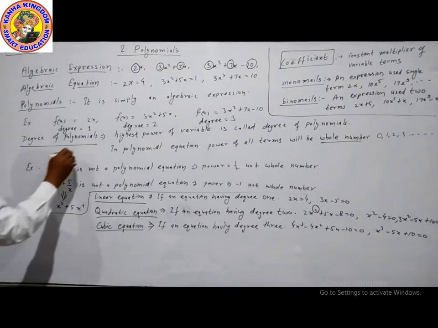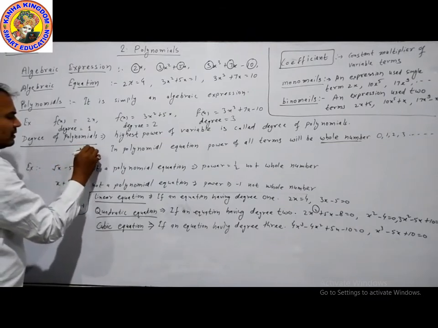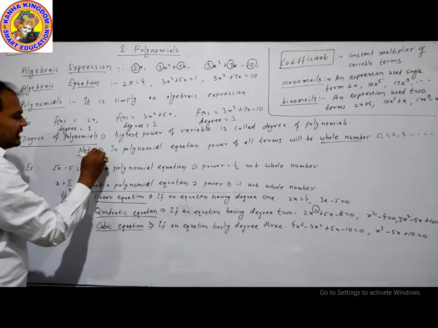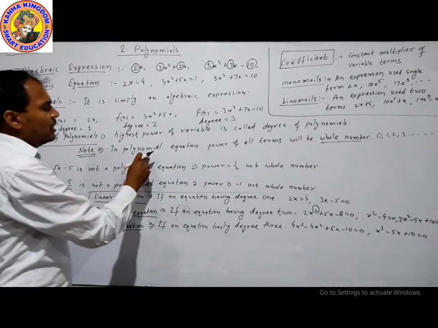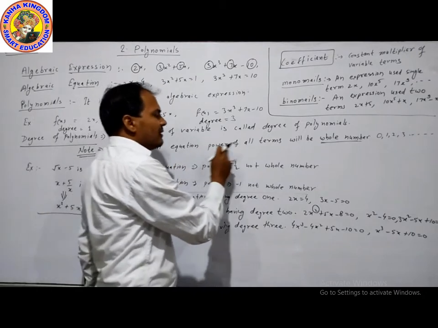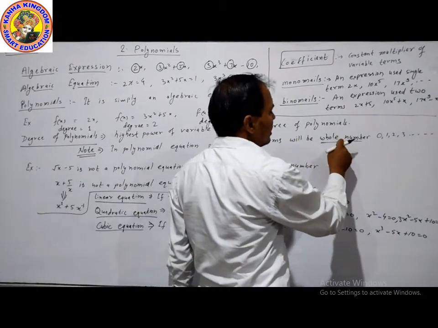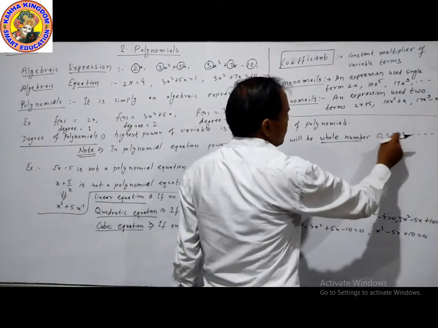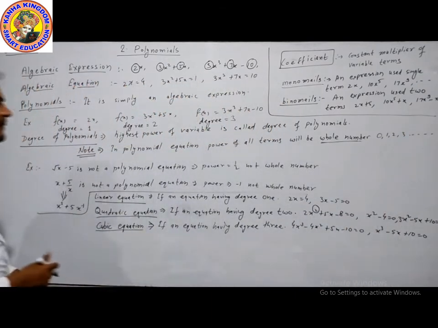Now an important thing, in polynomial equation the power of all terms will be whole number. Whole number means 0, 1, 2, 3 and so on. If power written in whole number, this is called polynomial equation.